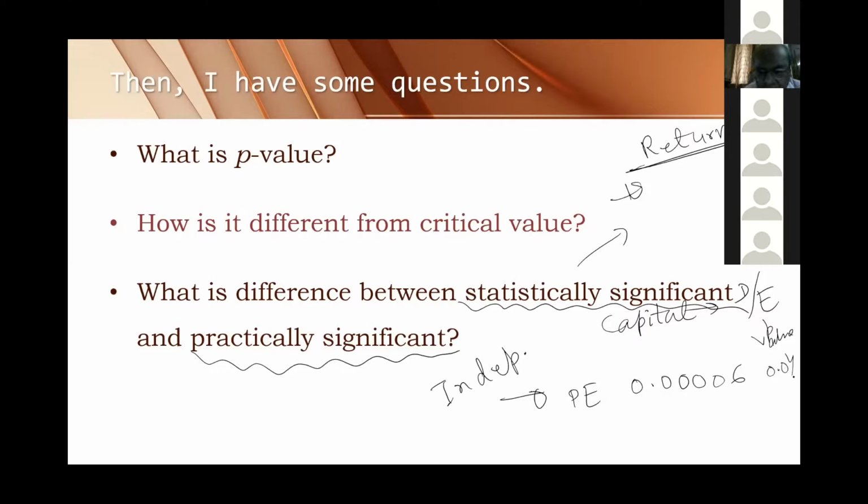So Sushmita, the p-value says that this is statistically significant, with a positive impact on capital structure. Okay, but look at the magnitude, 0.0006. That means if you increase your P ratio by 1 unit, the debt equity ratio is going to change by 0.0006, which is meaningless, of no practical significance. Is that clear?